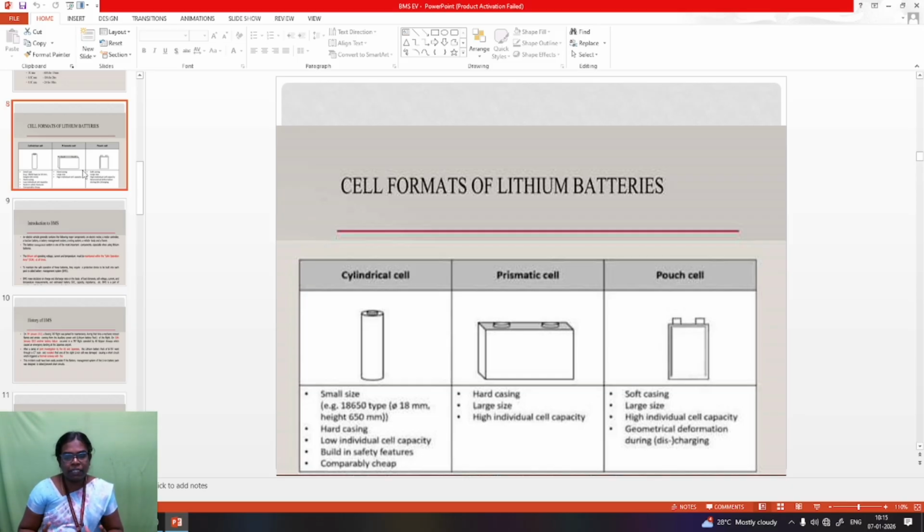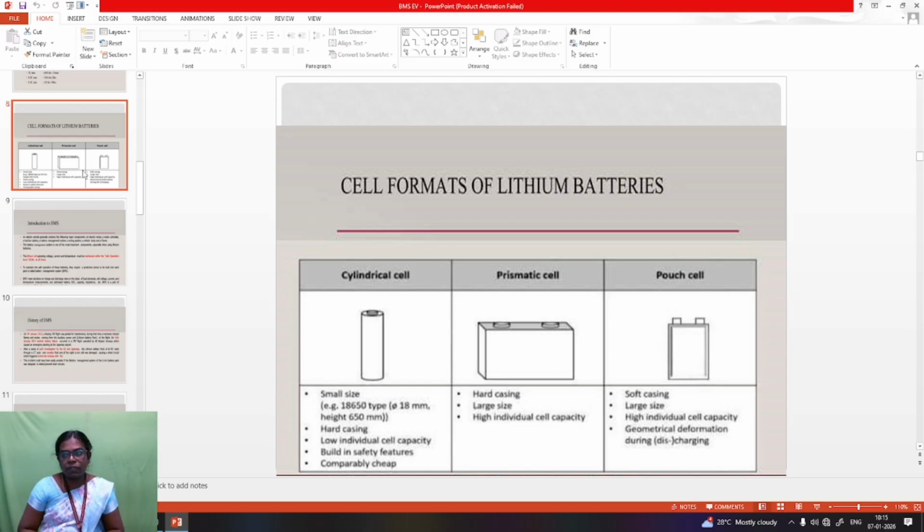But in the case of prismatic, most electric vehicles use prismatic cells, with large size and hard casing. The cylindrical cell is small in size. For example, 80 mm and height 650 mm, with hard casing, low individual cell capacity and built-in safety features, comparatively cheap. That is the cylindrical cell.